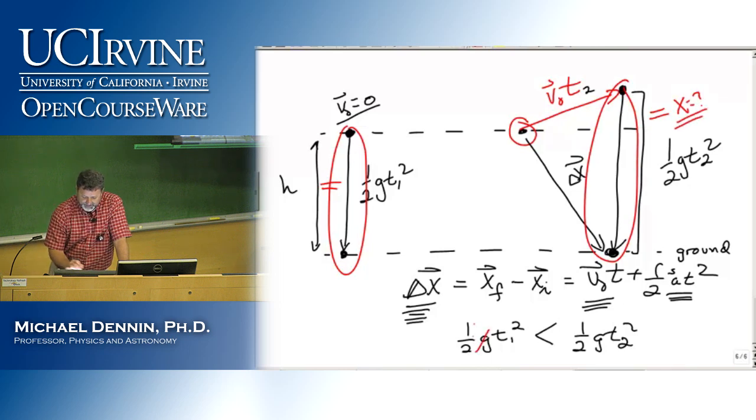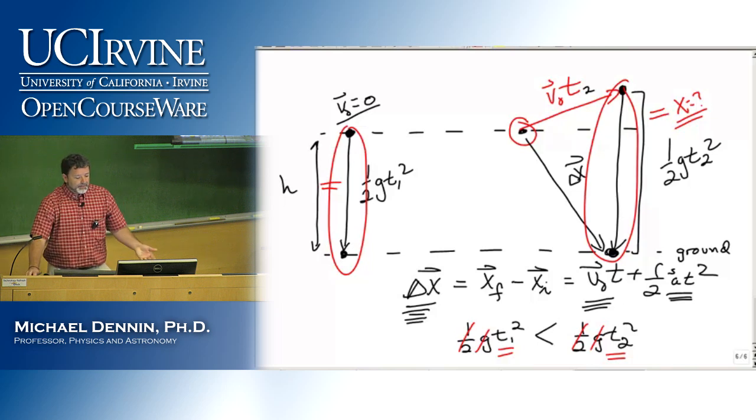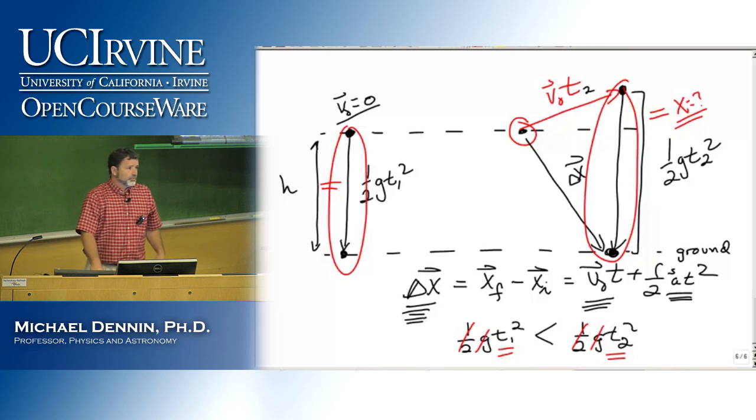And therefore, when I cancel everything out, T2 is bigger than T1. And so the one shot up took longer to fall. Again, I didn't need to do any algebra. I didn't need to know any numbers, and I found out that this was true.